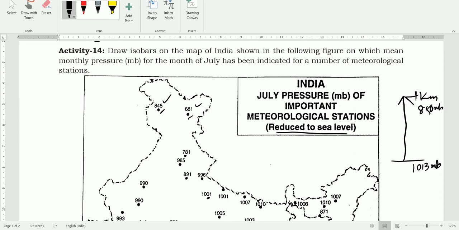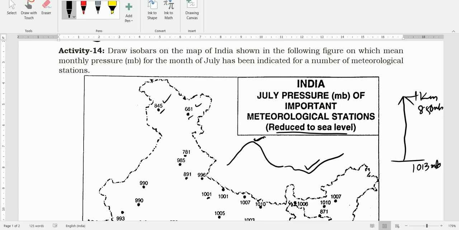That means pressure decreases rapidly with increasing height. Accordingly, pressure conditions recorded at the top of a mountain and in the low-lying area will be different.